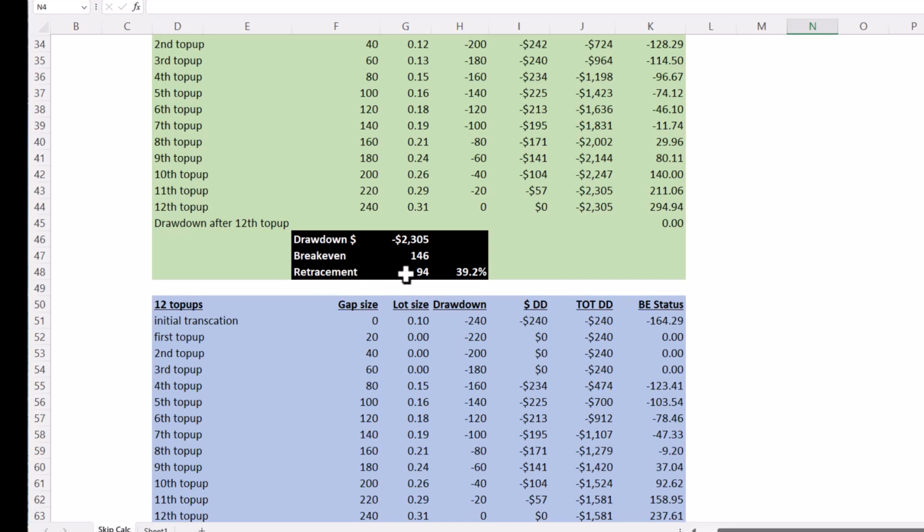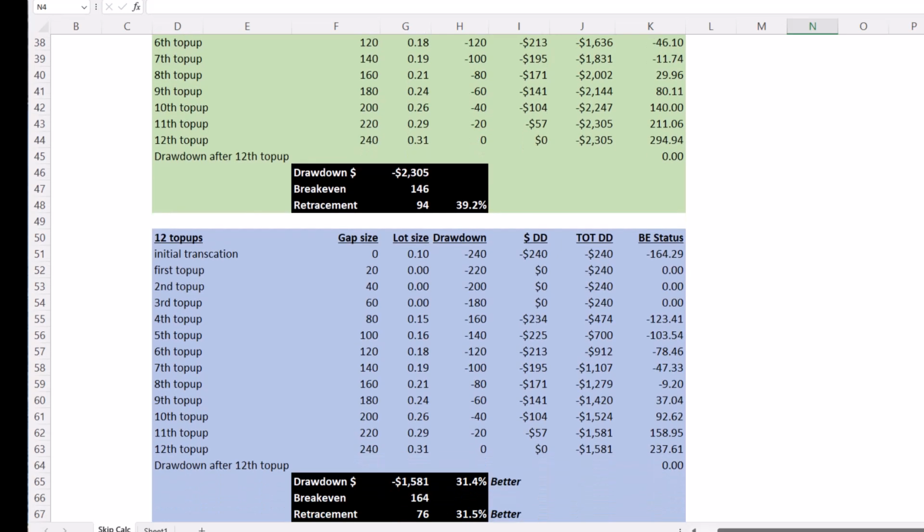The retracement is now, you only need a retracement of 40, but let's have a look at the skipped calculations, and there your drawdown is 30% better in a long drawdown of 12 top-ups. So massive improvement on your drawdown, and also a massive improvement on your retracement. Instead of needing a 94 pip retracement, you only need a 76 pip retracement.